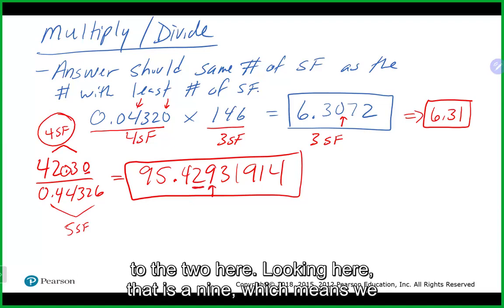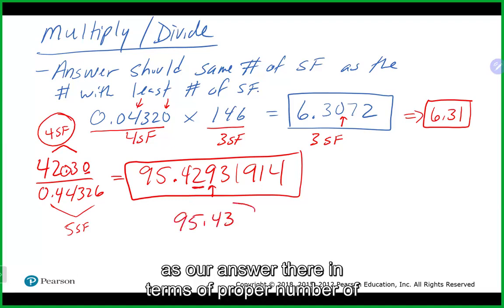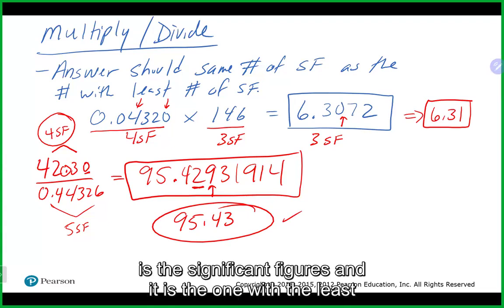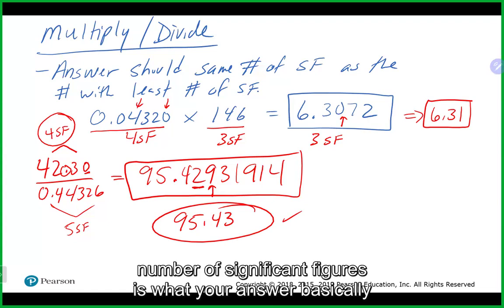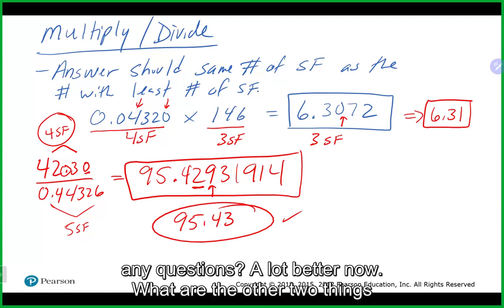Looking at the next digit, that is a 9, which means we do need to round up, and we should end up at 95.43 as our answer in terms of the proper number of significant figures. So again, if you multiply or divide, your answer should have as many significant figures as the number with the least number of significant figures. Any questions on that there?